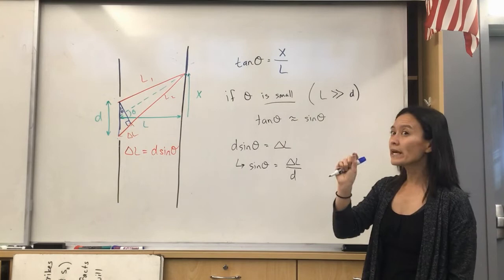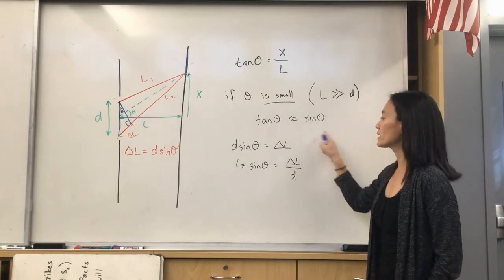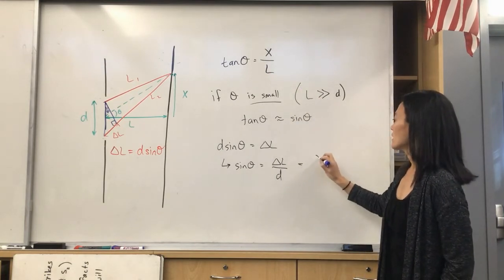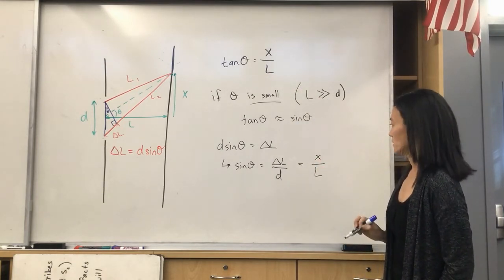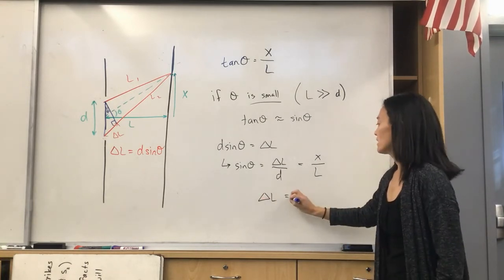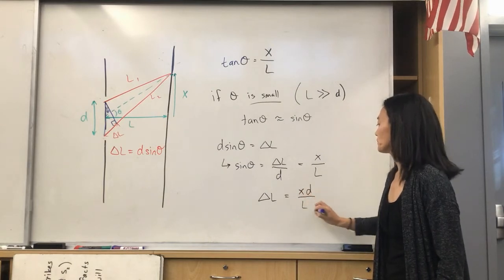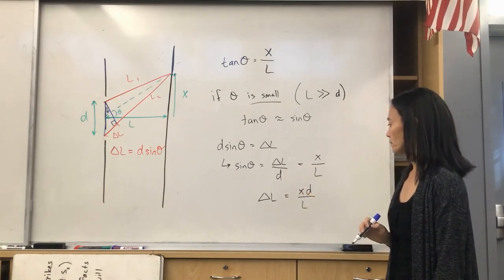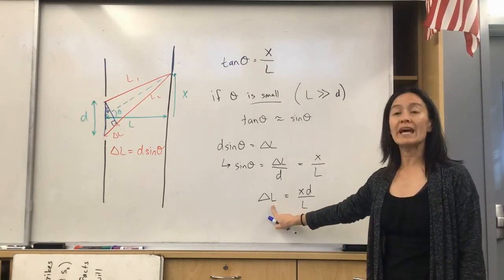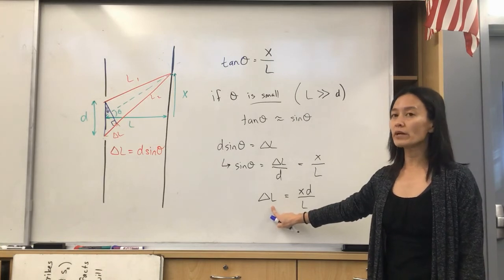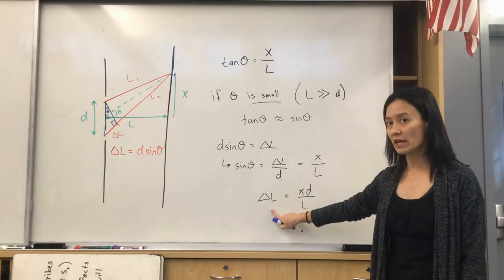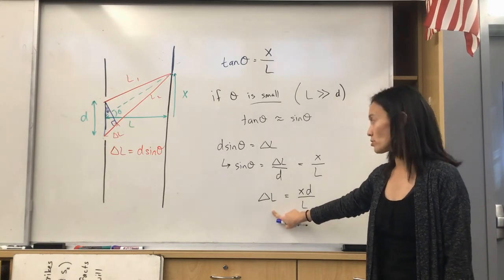But for small angles, my sine of theta is equal to my tangent of theta, so I could set this equal to x over L. And you get this relationship for the extra length: x times d over L. So if the extra length is equal to m lambda, then I'm going to get constructive interference. If the extra length is equal to m plus a half lambda, I'm going to get destructive interference, okay?